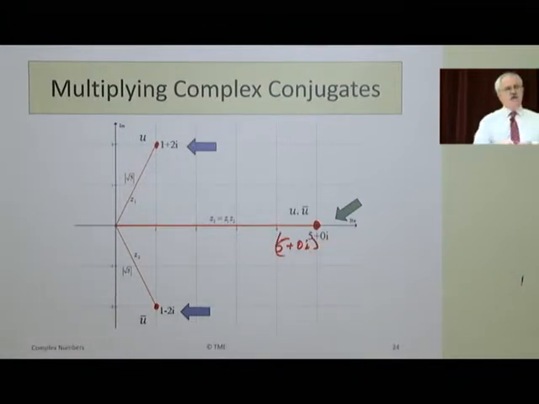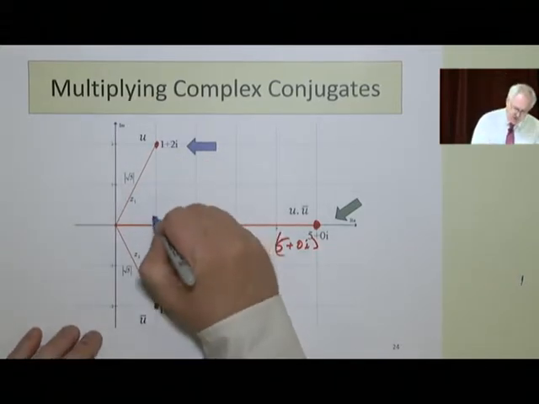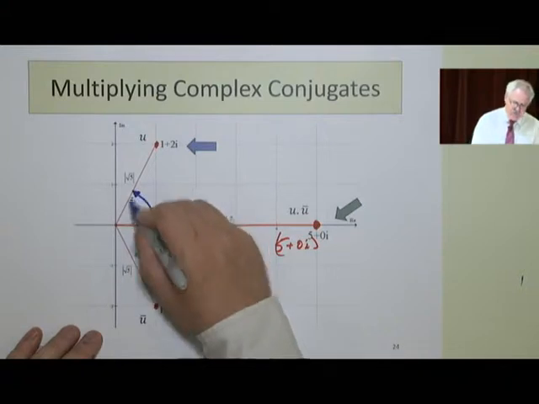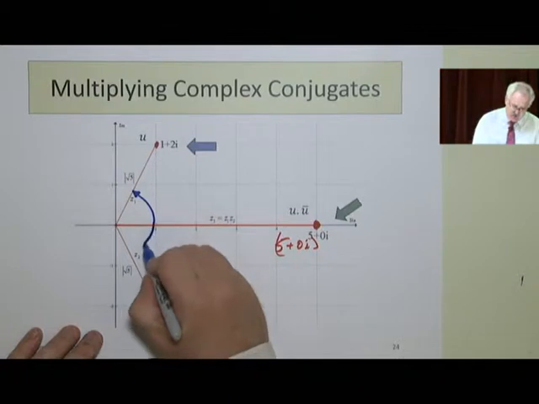Another way of looking at that is this. In the observation of multiplication, we said that multiplication causes the thing to rotate. So if you look at 1 plus 2i, that would force me to rotate this way. But 1 minus 2i would cause me to rotate the other way.